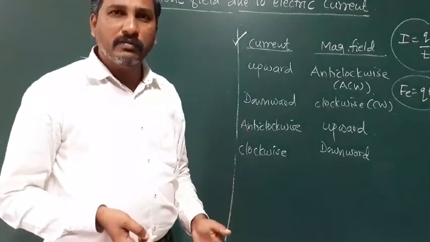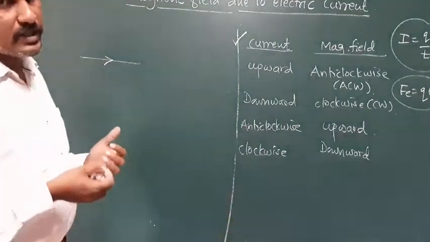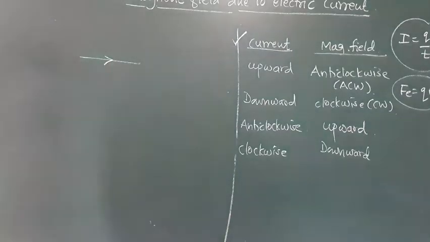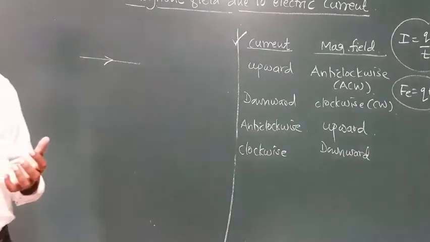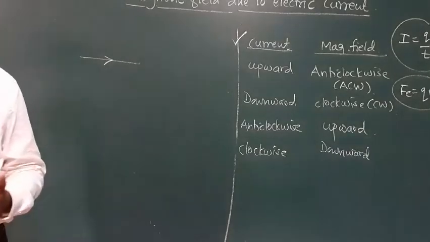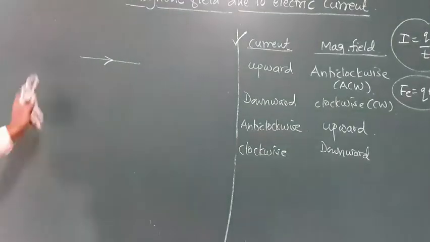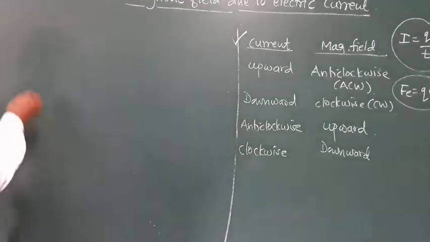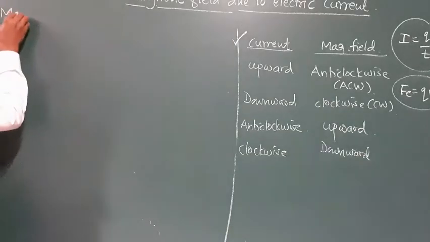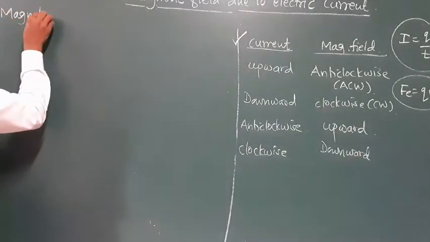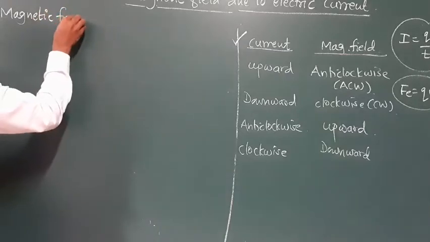What is the direction of that force? All things we discuss here. First we discuss the magnetic force, then we discuss the Lorentz force, which is nothing but the combination of magnetic force and electric force. That we also discuss here. So first of all, the first article of this chapter is the magnetic force.